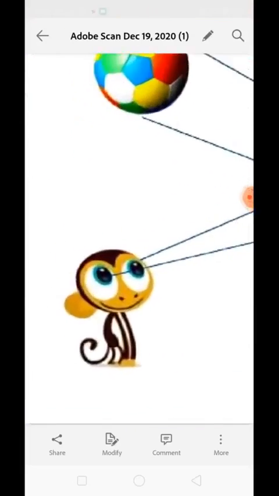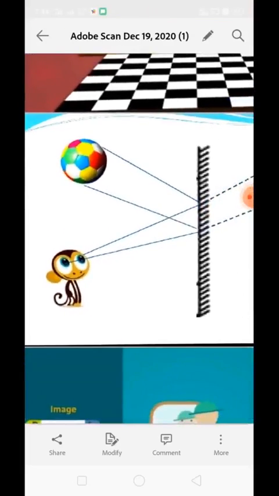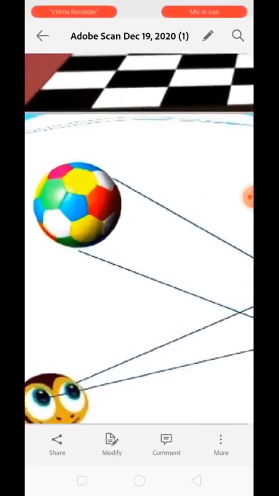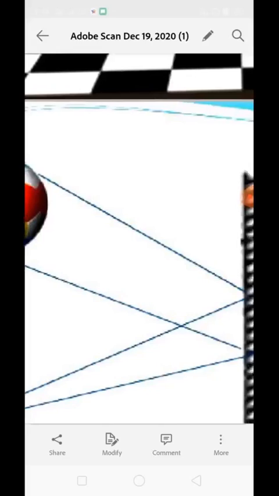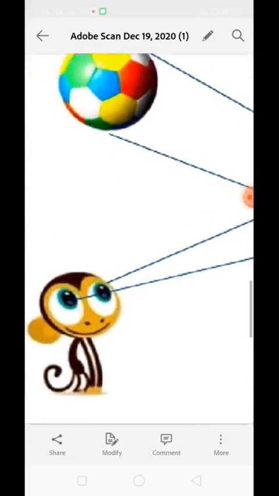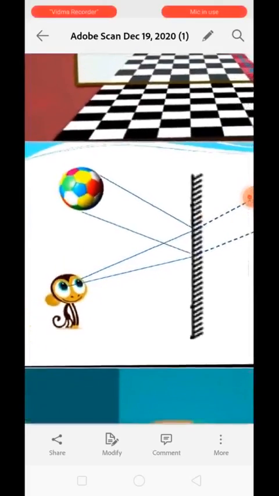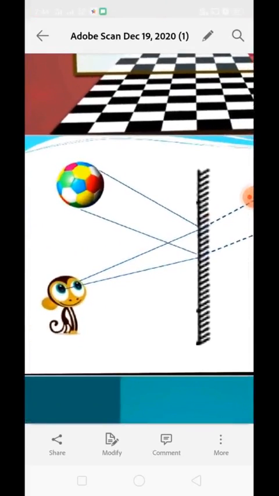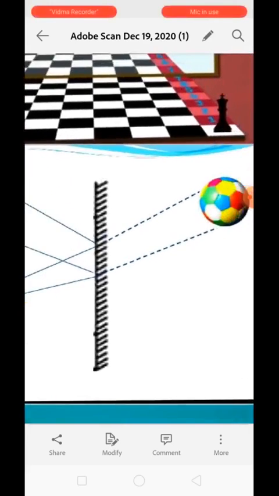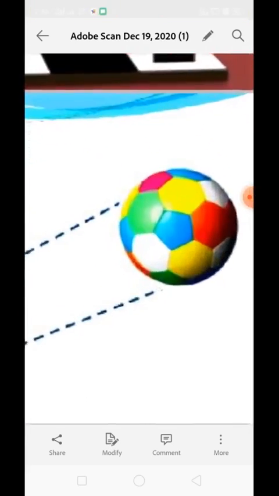But as we are seeing from here, what happened? The light rays falling from the ball on the mirror get reflected and now fall on our eyes, right? And as we can only perceive straight light rays, we imagine that light is coming from somewhere over here.